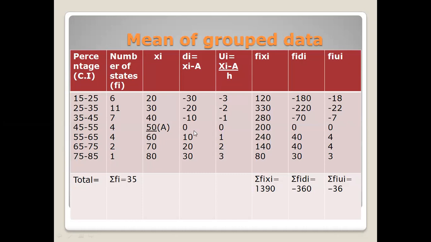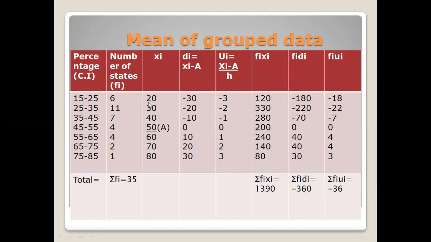The fourth column is di equal to xi minus a, the fifth column is ui equal to xi minus a by h, the sixth column is fi xi, the seventh column is fi di, and the eighth column is fi ui. So let us see how to complete this table by calculating the different columns.